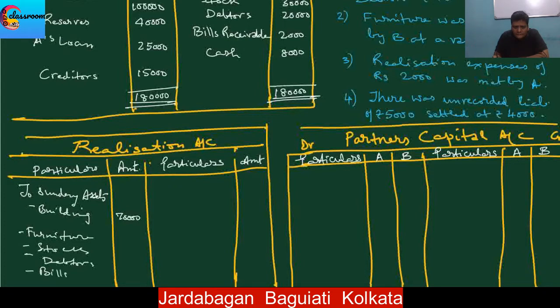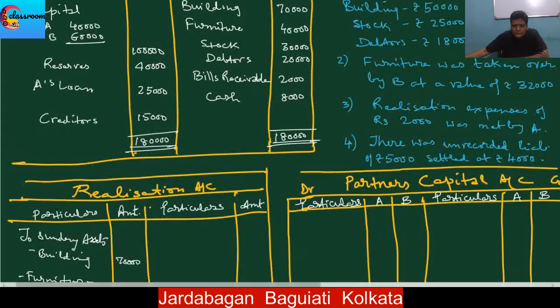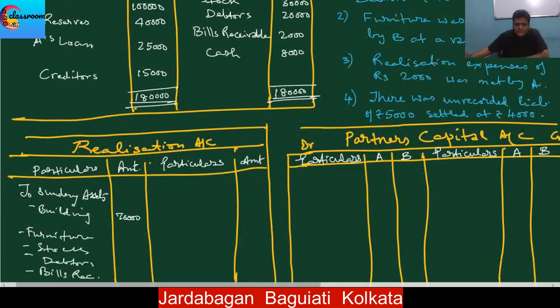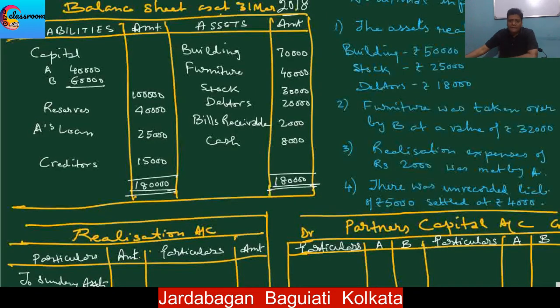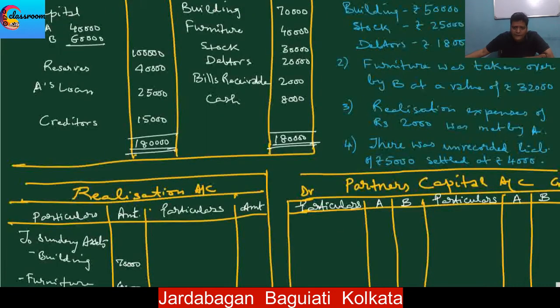You can see bills receivable also. 40,000, 30,000, 20,000. And 2,000 for bills receivable. Having done this, we have transferred all the assets to realization account.